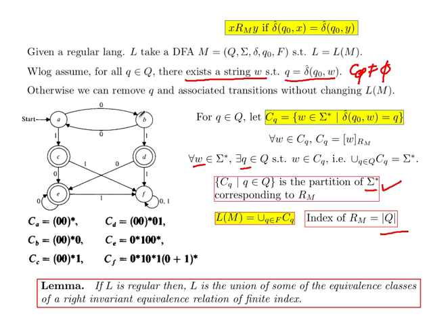So this odd number of zeros is just 00*0. If these are the strings that lead here, then you add one more 1 and then you go here, so you just put another 1 here, and you have all the strings which correspond to this.